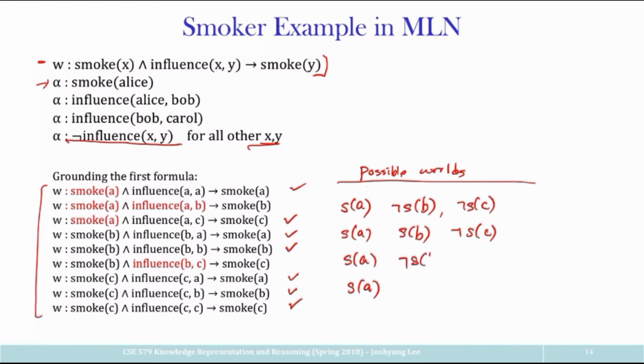Then Bob is not a smoker and Carol is a smoker, and finally all of them are smokers. Are we together? All right, so now let's talk about the weight of these interpretations. There are I1, I2, I3, I4, four interpretations. Let's look at the last one because that's probably simple. What is the weight of this last interpretation?